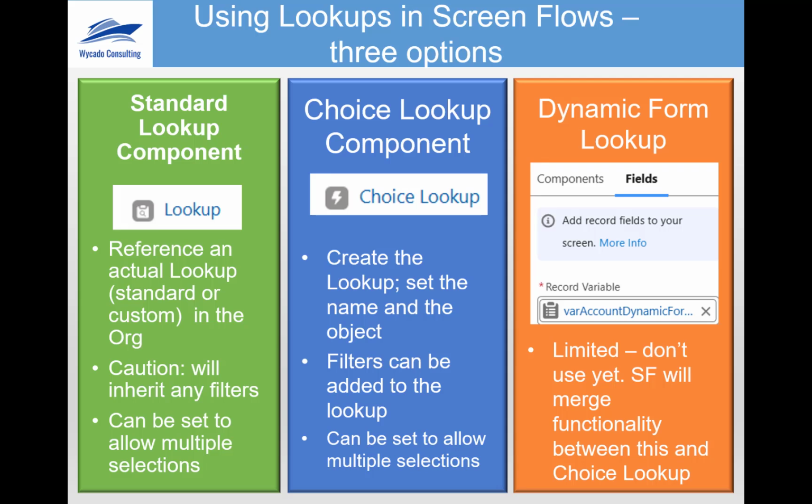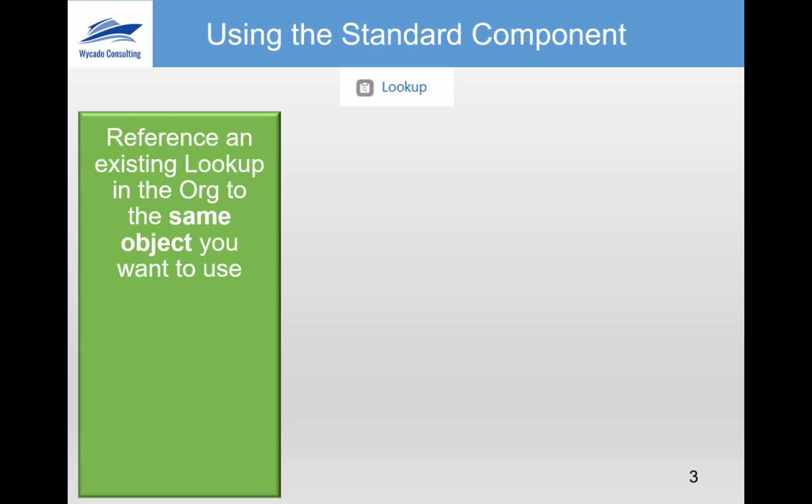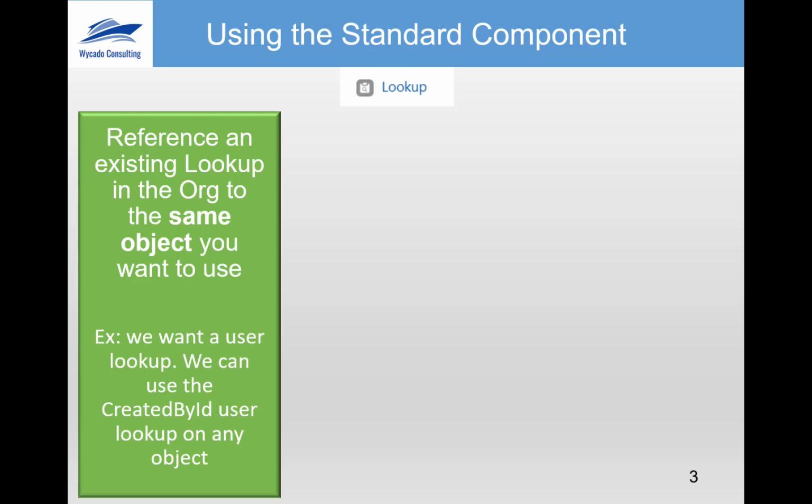So let's first talk about the standard component. Here it is. You reference an existing lookup in the org to the same object you want to use. Example, we want a user lookup in the flow. We can use the created by ID user lookup on any object. That's on every object. And you can reference any one you wish.